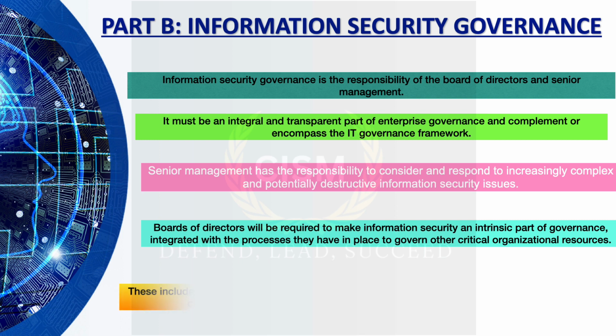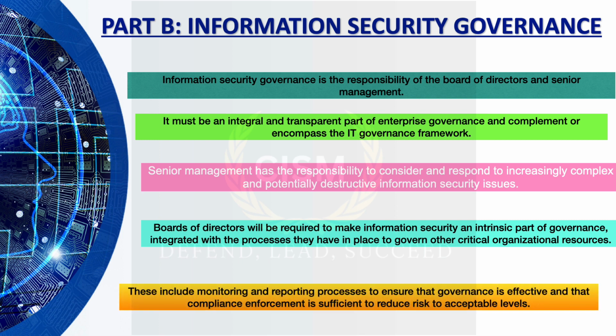Right? Next, it includes monitoring and reporting processes to ensure that governance is effective and that compliance enforcement is sufficient to reduce the risk to an acceptable level. Right? Friends, integral to effective governance, monitoring and reporting processes are essential. Right?